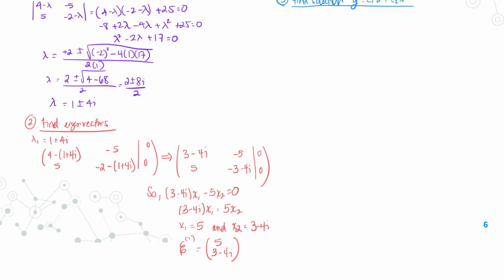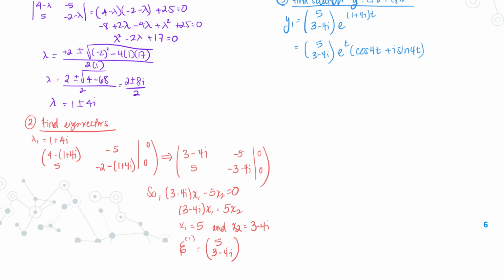So if that's the case, then we've got A minus lambda I, right? And so what we have to look at now is y1. We're going to use our current eigenvector and our current eigenvalue and say this is going to be 5 and 3 minus 4i times e to the 1 plus 4i times t, which, using Euler's formula, says that this is 5 and 3 minus 4i times e to the t times cosine 4t plus i sine 4t.